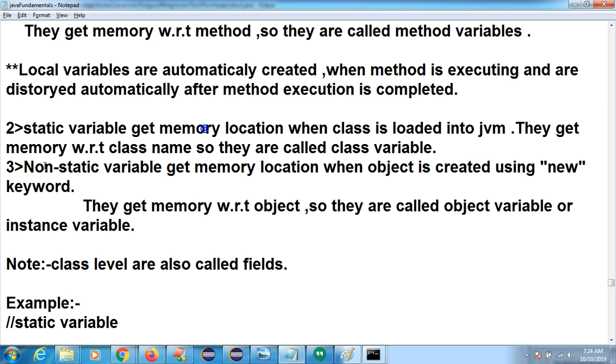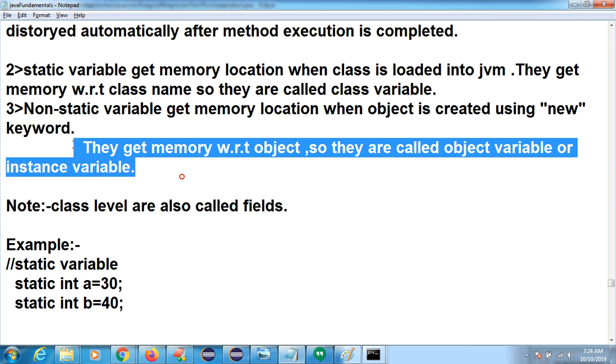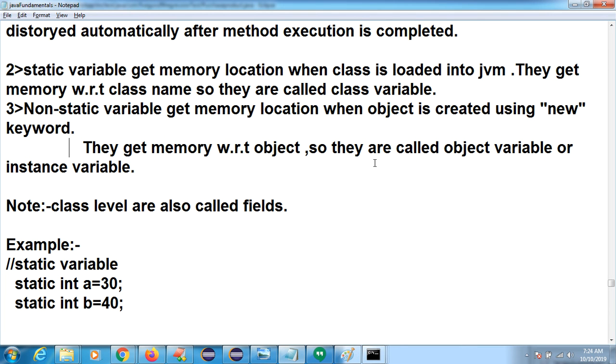Static and non-static we already discussed, so no need to explain that. They get memory with respect to the object, so this is called an object variable or instance variable. This non-static variable is called an object variable or instance variable because they get memory with respect to the object.